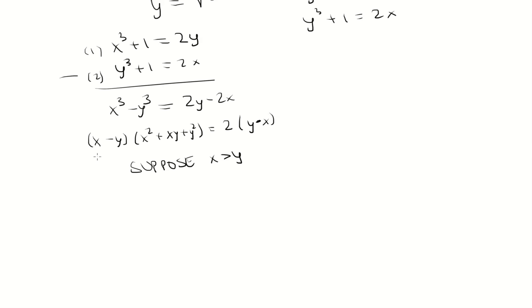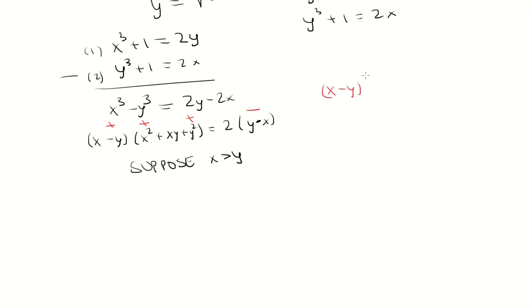That means x minus y has to be positive. We know x squared is positive, y squared is positive, and that means y minus x is negative. So xy could be positive or it could be negative. We don't exactly know. But here's what we could do.